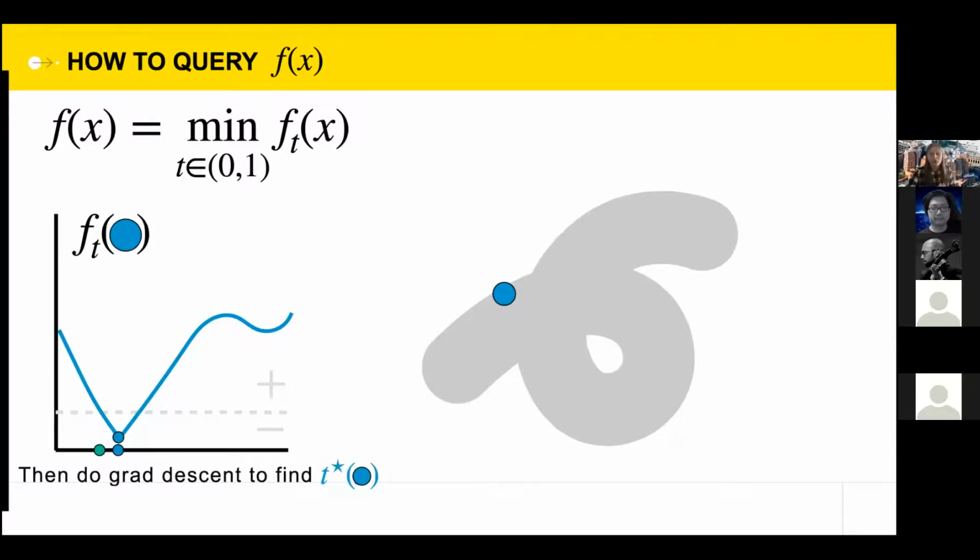Then we can evaluate FT there, which by definition, since T star is wherever the global minimum happens, is just F at the blue point, right? So to conclude, computing F, minimizing this FT for a given point in space, can be really hard and expensive, unless we've already done all the work of finding the minimum for a point which is very, very close to the one we want to explore now.